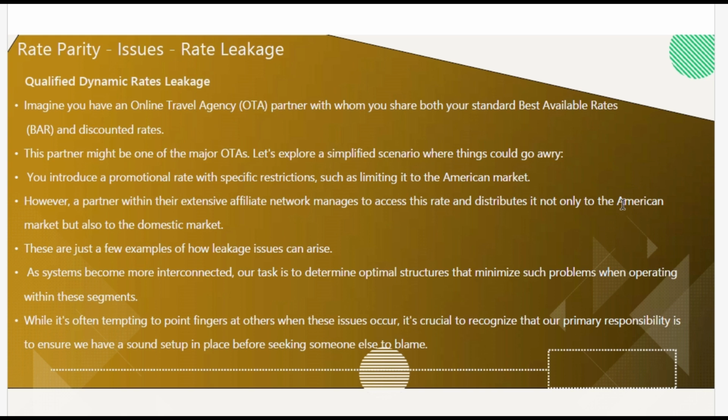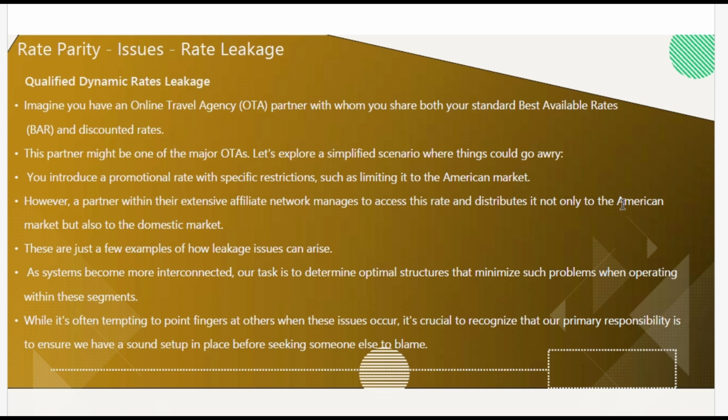You introduce a promotional rate with specific restrictions, such as limiting it to the American market or the European market, or only a specific market. However, a partner within their extensive affiliate network manages somehow to access this rate and distributes it not only to the American market but also to the domestic market.